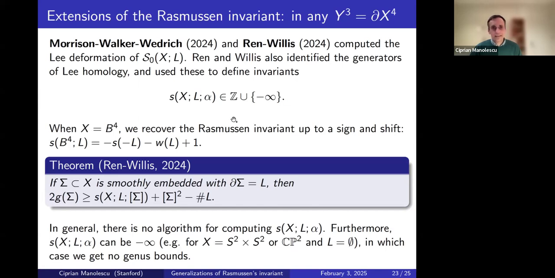So anyway, it's some S invariant that, in the case of B4, recovers the original one. And now it satisfies a genus bound in an arbitrary four manifold with boundary. So if you have any four manifold with boundary L, then you get this inequality that involves the S invariant of X and L and the homology class. It depends on all that, but it tells you a lower bound for the genus of such a surface.